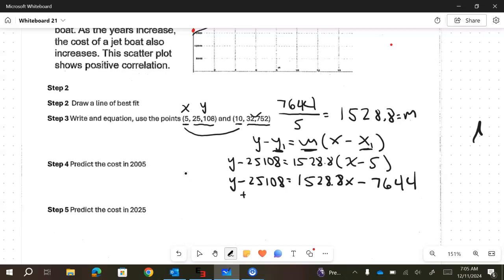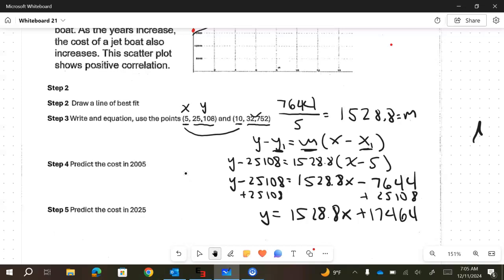So in order to do that, I'm going to add 25,108 to both sides. So these would cancel, and I get y is equal to 1,528.8x. Now I'm going to add those two numbers together, and I'm going to get 17,464. There's my equation of the trend line that I just drew. That's the equation of that line.